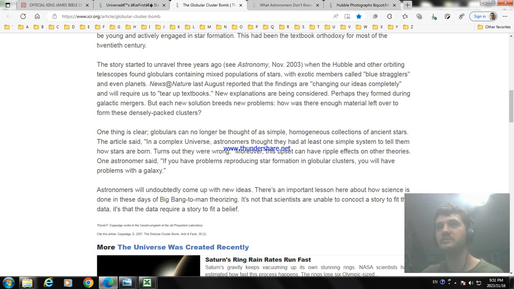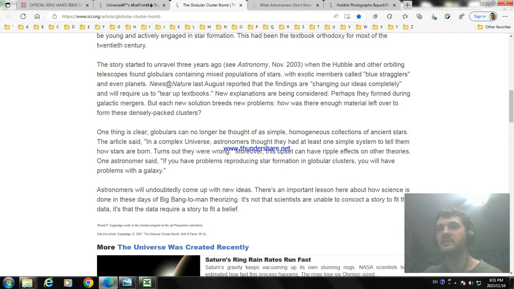No one was required to tear up textbooks, but new explanations were being considered. Perhaps they are formed during galactic mergers, but each new solution breeds new problems. How is there enough material left over from these densely mixed clusters? One thing is clear: globulars can no longer be thought of as simple, homogeneous collections of ancient stars.